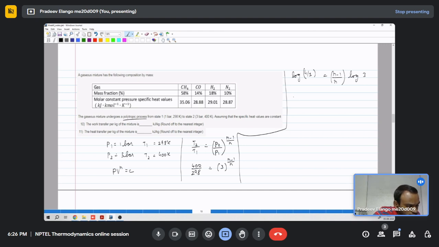So now we have n log of 4 by 3 equal to n minus 1 log of 3. Can you calculate the value of log of 4 by 3?